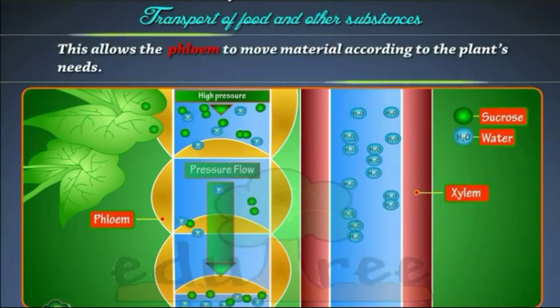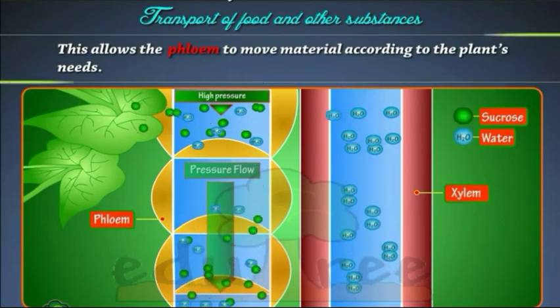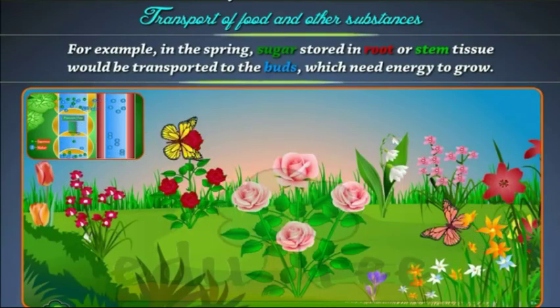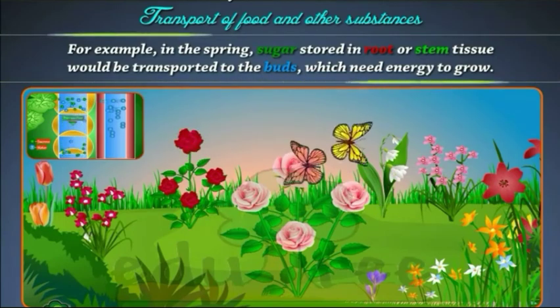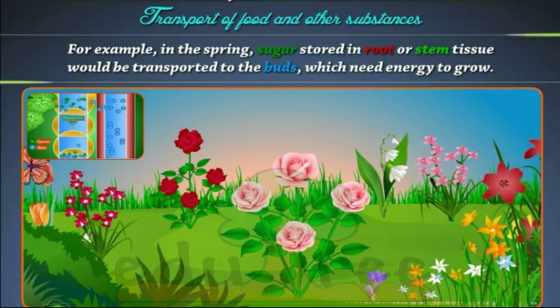This allows the phloem to move material according to the plant's needs. For example, in the spring, sugar stored in root or stem tissue would be transported to the buds, which need energy to grow.